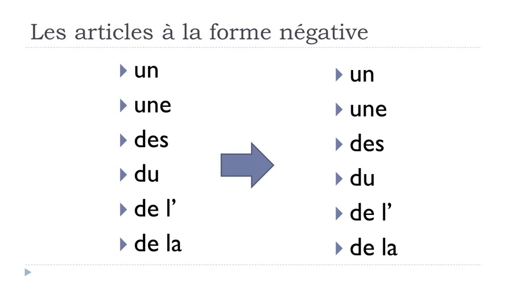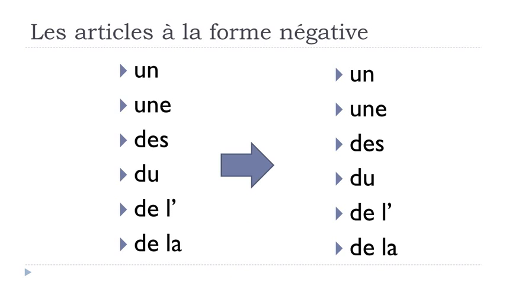So that's the main rule that you've got to keep in mind with these articles, indéfini or then the partitive. If you use them in normal structures, then they will change and they will become de or d' as we saw previously. But if you use these articles or the partitive with c'est, in that case, they don't change when you put them at the negative form.